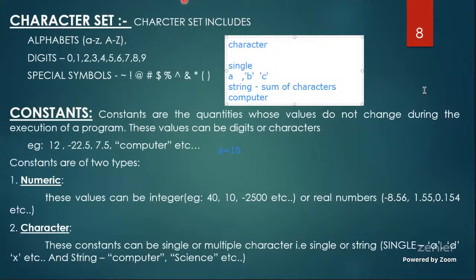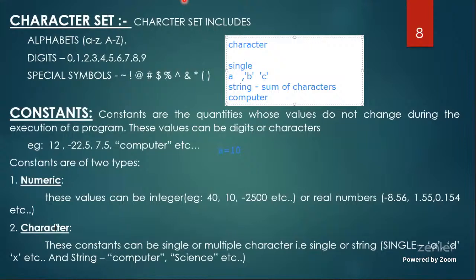I have given this example just for understanding purposes. Why are we dealing with constants, numeric, characters and all? Because a program means you are working with data, so it is very important to know which type of data you are using. So these are the two types of constants, numeric and character.